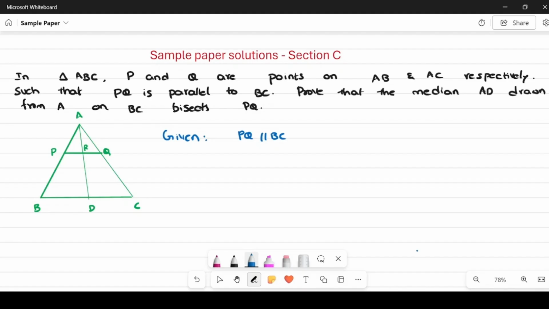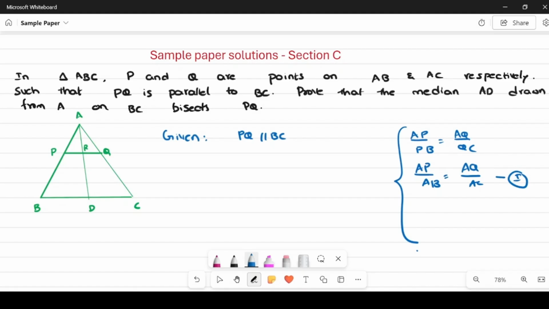So we can write AP by PB is equal to AQ by QC, or we can also write AP by AB is equal to AQ by AC. Let's keep this as relation 1. We'll write step by step later. I'm just giving the overall concept here.